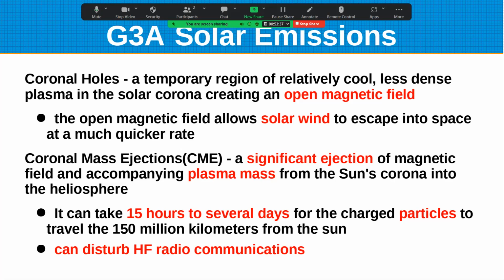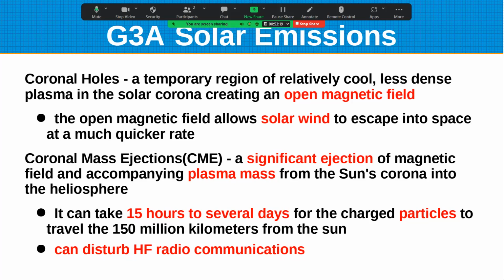It also allows more of the solar wind to escape into space than it normally would, which also affects the ionization that we see.